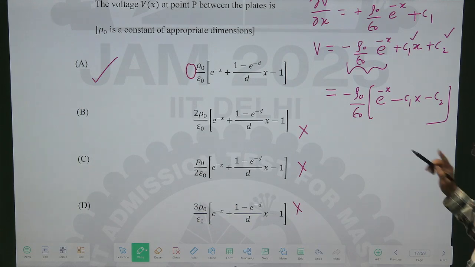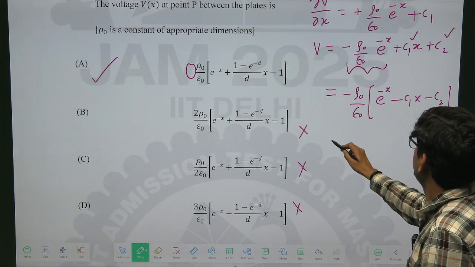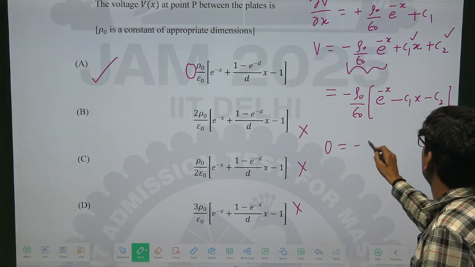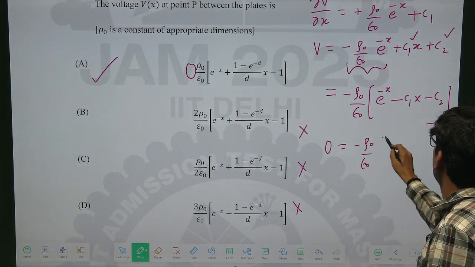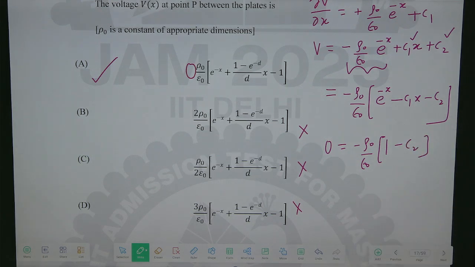Now quickly, if you want to know the values of these, put the boundary condition at x is equal to 0, V is equal to 0, so rho naught by epsilon naught, here it will become 1 minus C2. So put x is equal to 0 and V is equal to 0, and you get the value of C2. C2 is equal to 1.